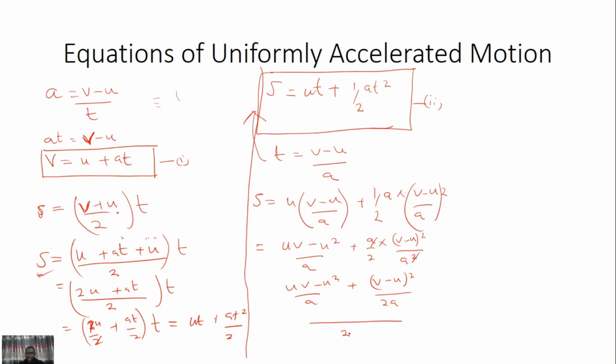If we say this is over 2a, then if you open this, it will be 2uv minus 2u squared plus (v minus u)(v minus u), everything divided by 2a. This will be equal to 2uv minus 2u squared.